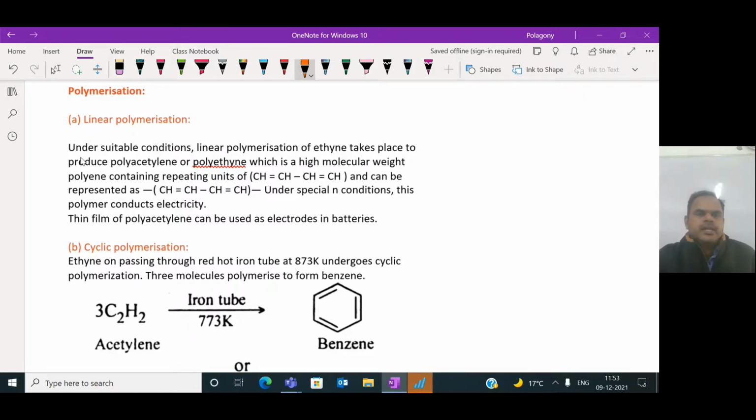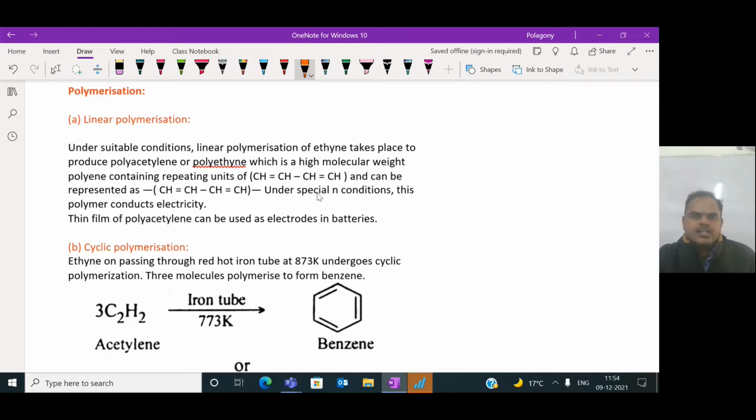Under suitable conditions, linear polymerization of ethyne takes place to produce polyacetylene, a high molecular weight polyene compound containing repeating units of CH=CH, CH=CH.